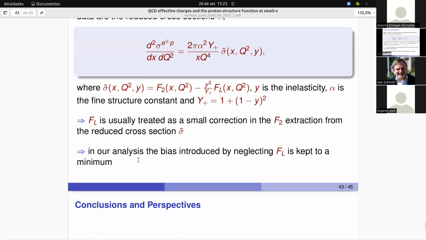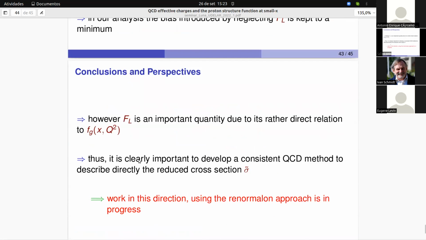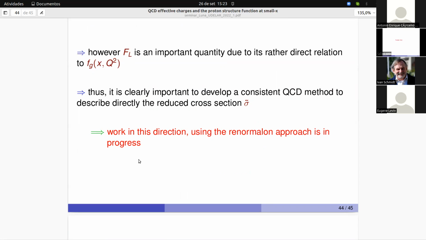This is important because the longitudinal structure function has a more direct relation with the gluon distribution function. If you have a formalism where you use F2 and the longitudinal structure function, you can in some way impose constraints to see again the behavior of our gluon parton distribution function.